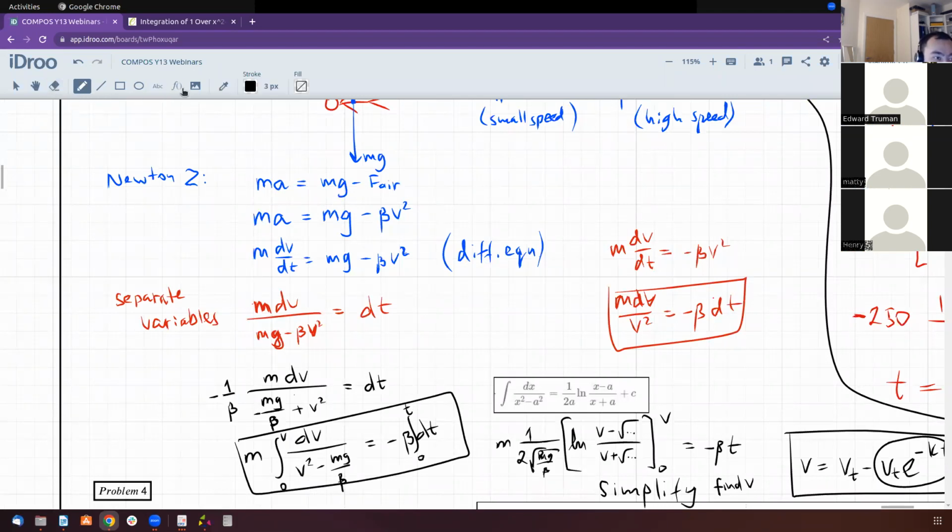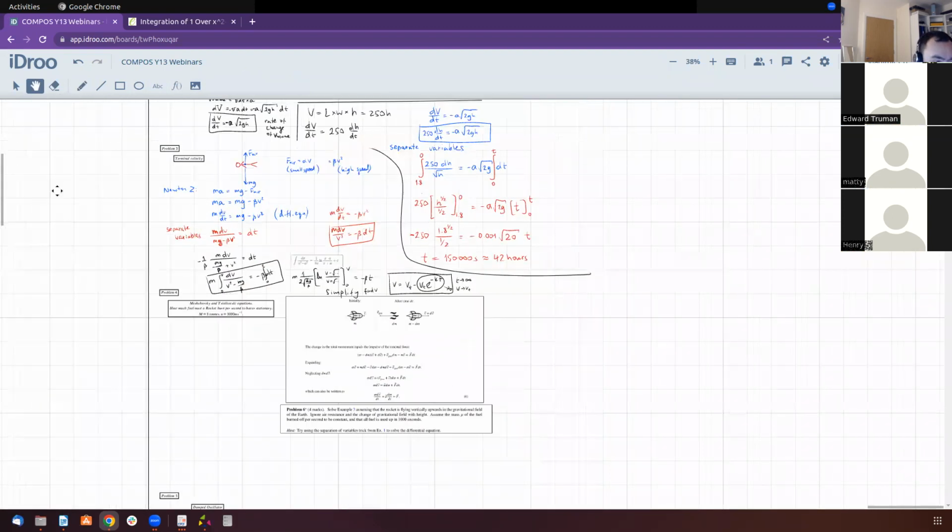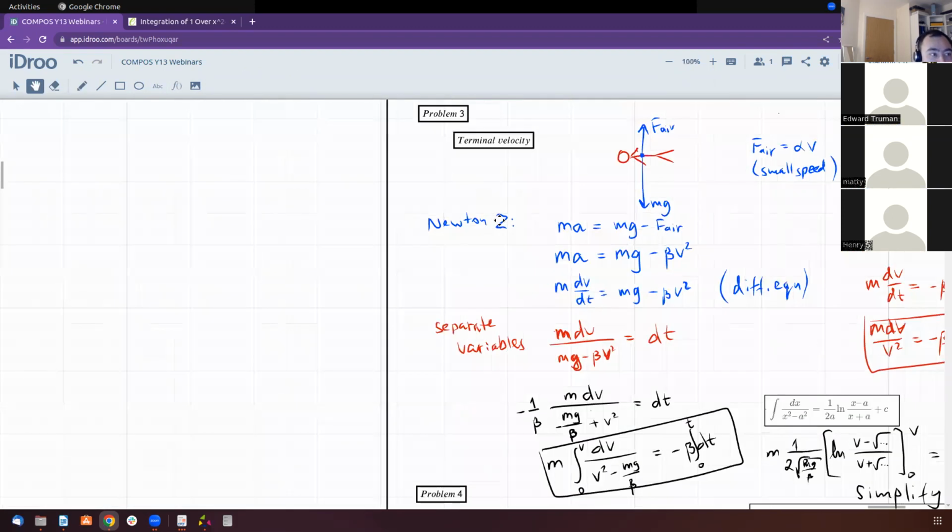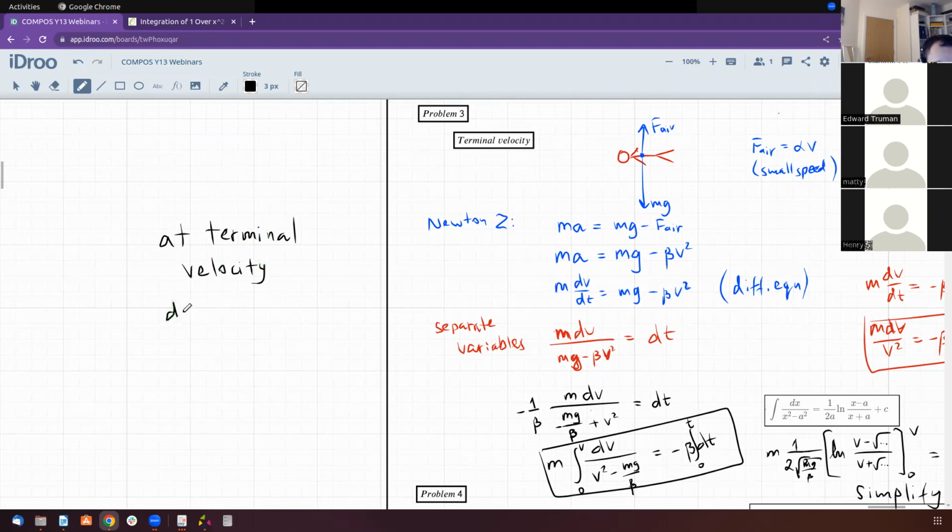Because what happens at terminal velocity? At terminal velocity, dv over dt is equal to 0. The change of v, yes, dv dt is equal to 0.